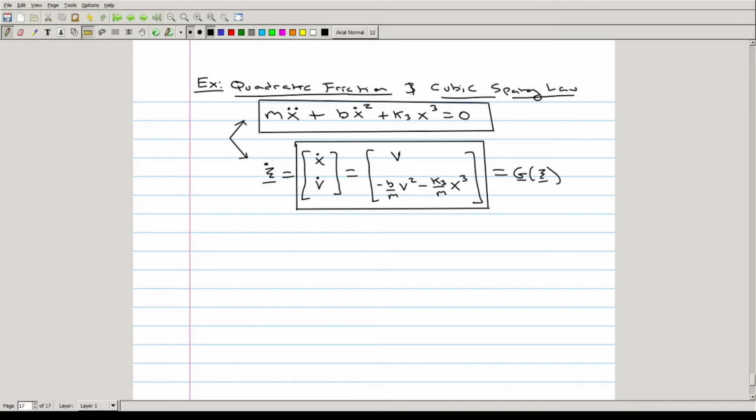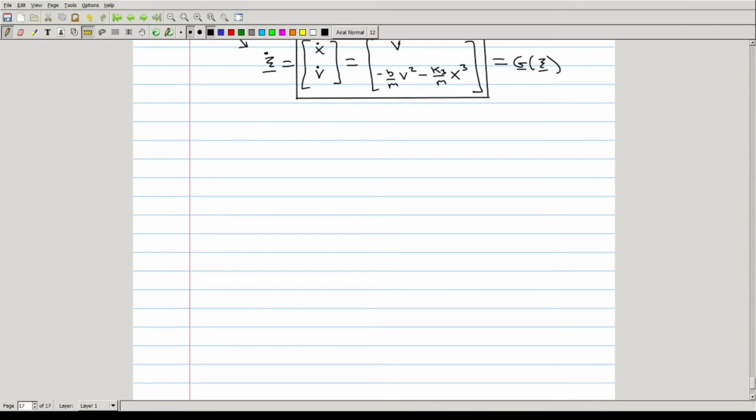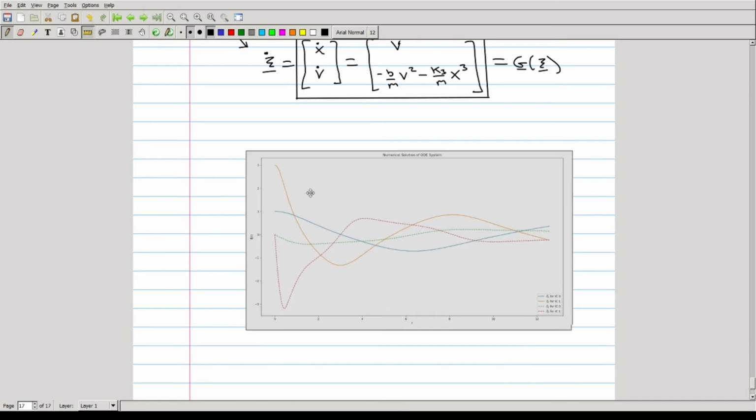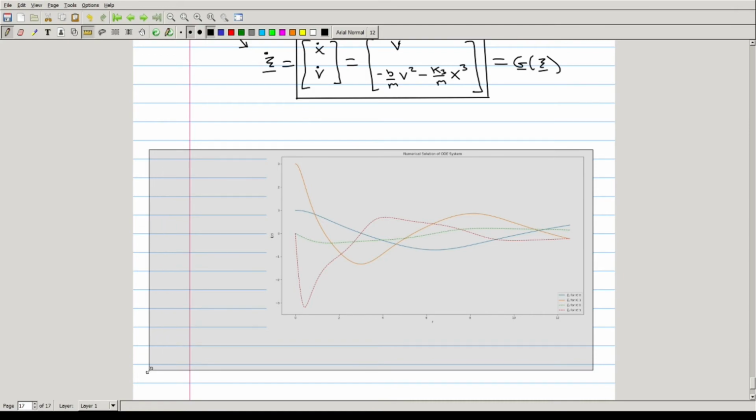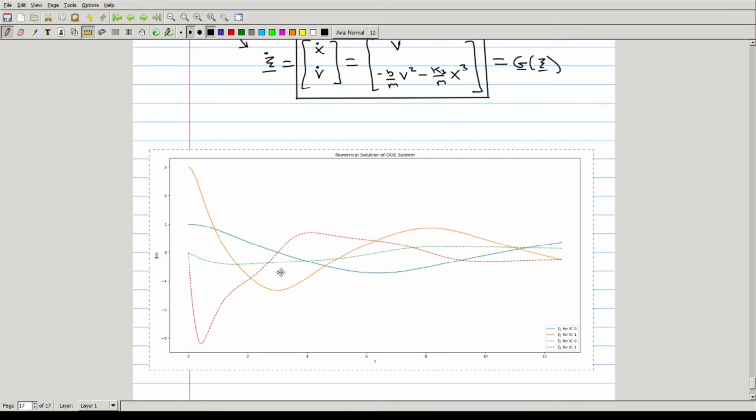The solution curves to the system for two separate initial conditions that differ in size look like this. So we still have this decay, but it's happening in a much more complicated fashion here.